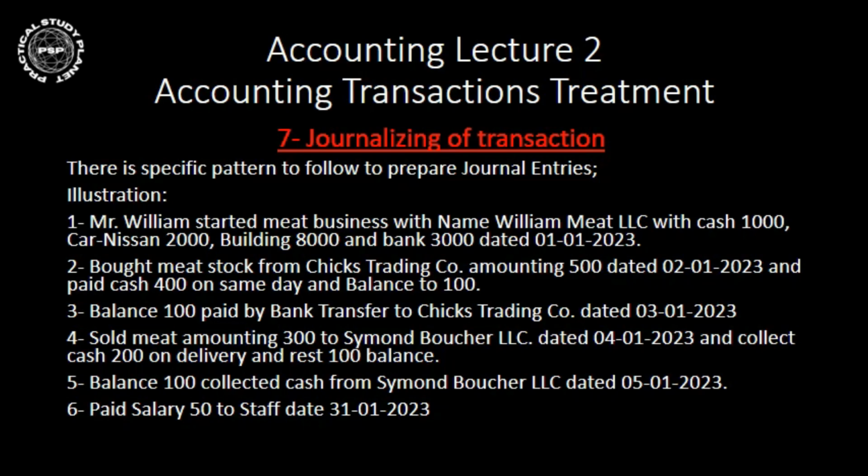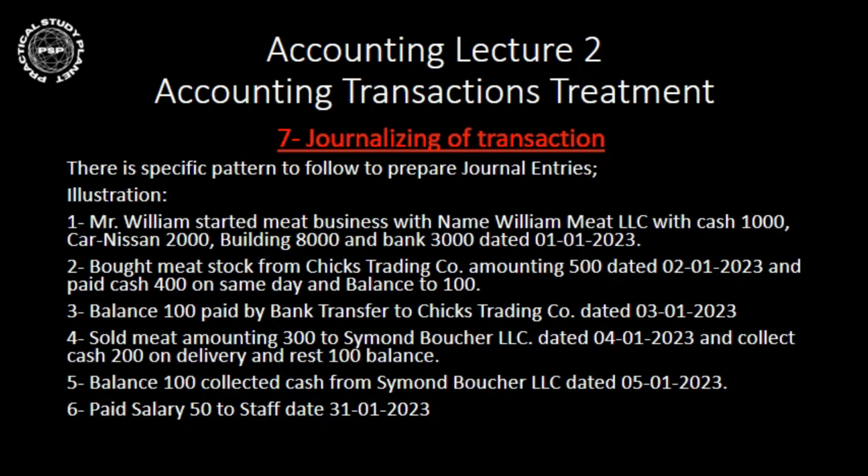The next transaction: bought meat stock from Chicks Trading Company amounting 500, dated 2nd Jan 2023, and paid cash 400 on the same day and balance to pay 100. Third transaction: balance 100 paid by bank transfer to Chicks Trading Company on 3rd Jan 2023.